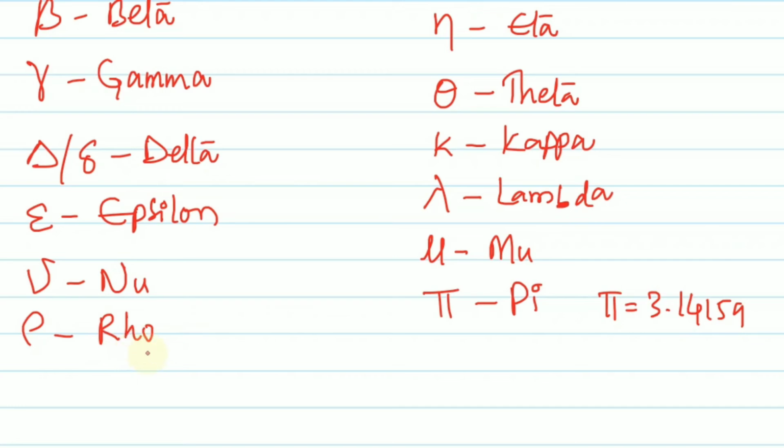Rho is used to represent density, which is the ratio of mass and volume. It is also used to represent reflection coefficient, reflection factor, resistivity. Next is sigma.